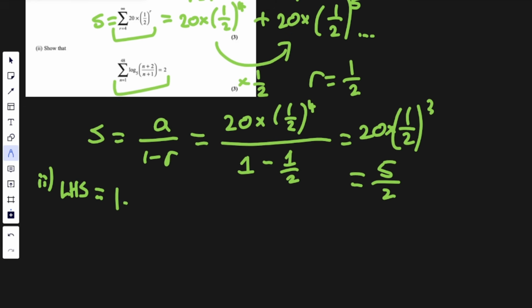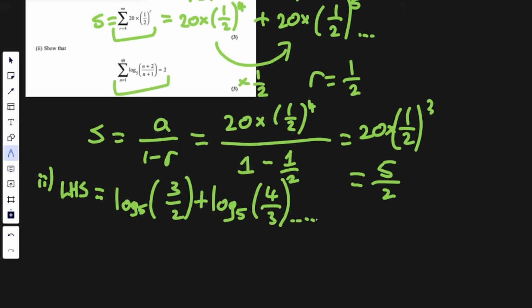So I've got log 5 of 3 over 2, plus log 5 of 4 over 3, dot dot dot, and eventually when it gets to the 48, we're going to have plus log 5. Putting 48 in, we get 50 on the top and 49 on the bottom.